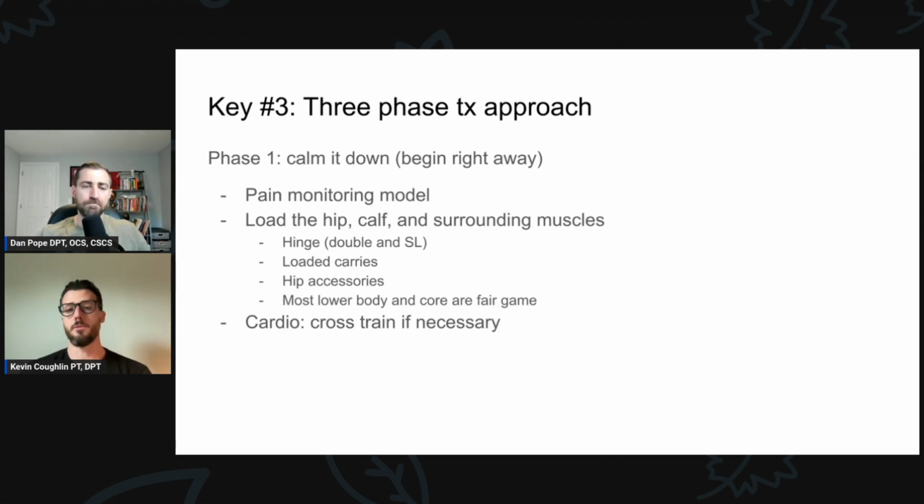So if this is a problem at the knee joint, why don't we just load the hips a lot? Why don't we do some hinging movements? Why don't we do some loaded carries, some hip accessories, train the calf, all the surrounding muscles, some core. There's probably some type of cross training that they can do to keep their cardio high. So, there's things they can do in this phase.